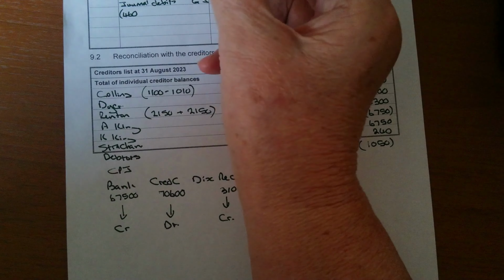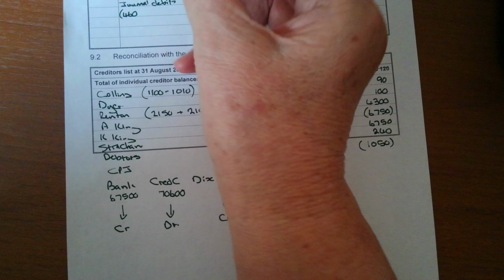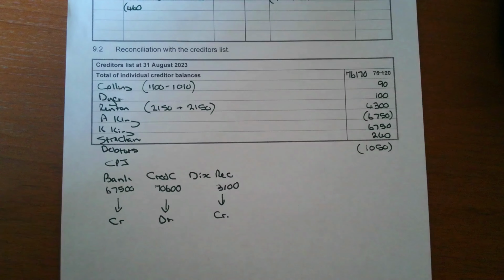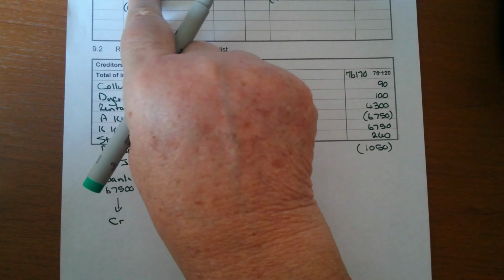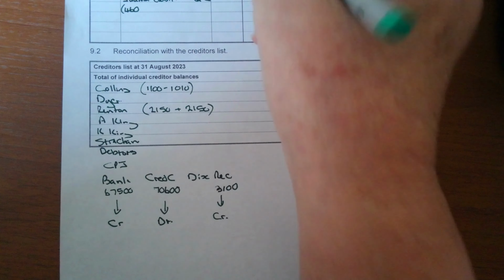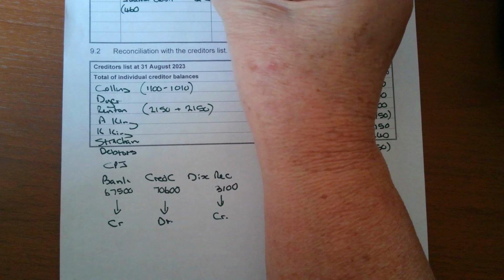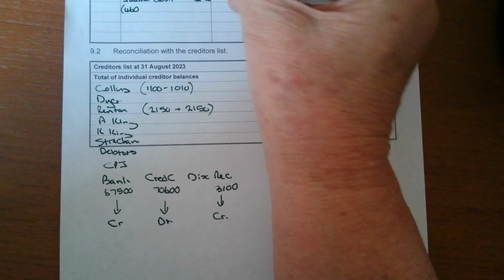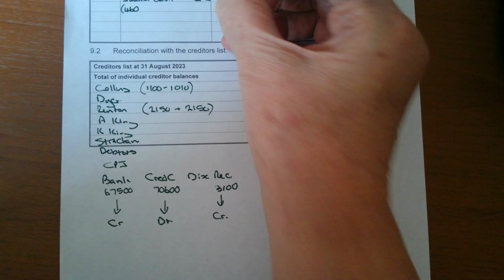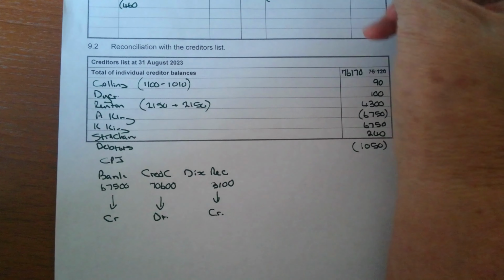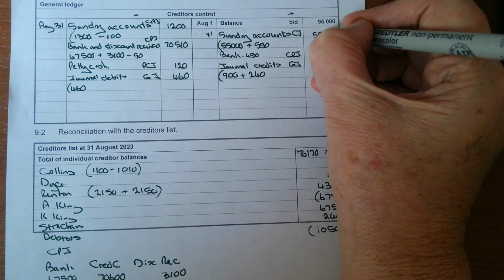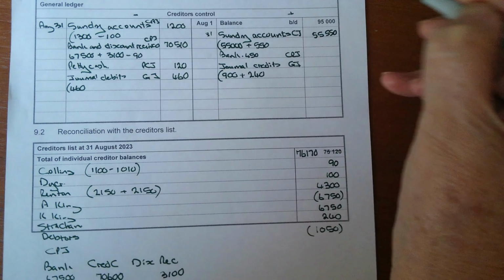Okay, if we look at the sundry accounts, it means if I subtract the amount, it will give me 1,200. Bank and discount, we have to add the 3,100 minus the 90, and that will give me 70,510. And the journal debits will be 460. I will add here, so this will give me 55,550.